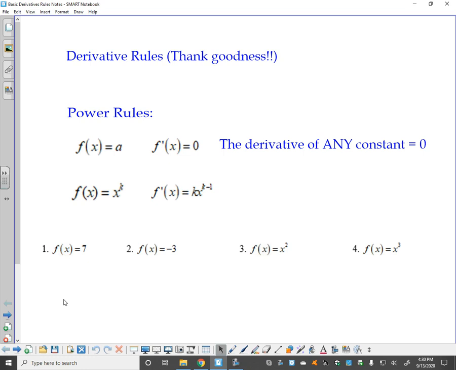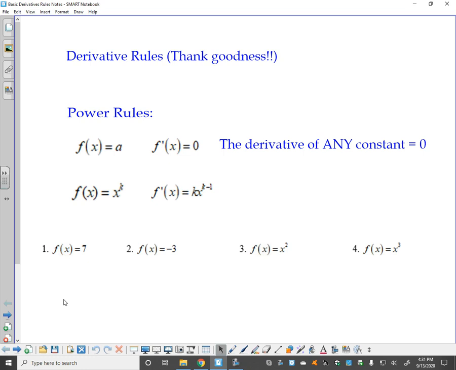And the next one, which is going to be the one that you're going to use the absolute most, and it's going to be involved in all of the other derivative rules, so this one's really important. If you have a function that is x to the k, where k is some power, then f prime of x is, bring the power down front, and then subtract 1 from the power.